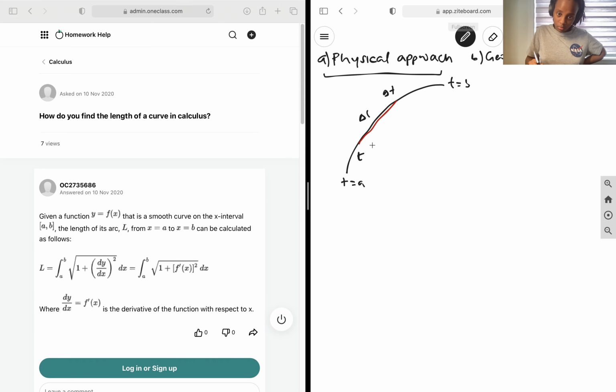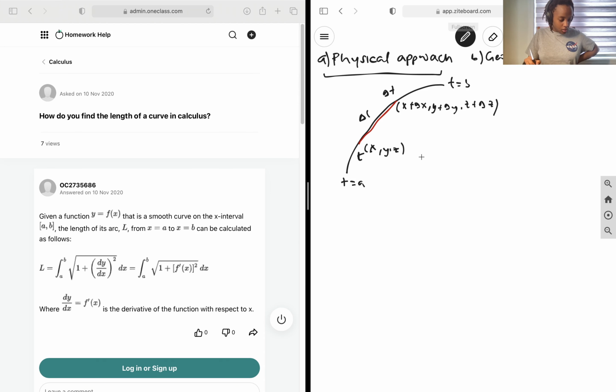And so we can call this point x, y, z, and call this point x plus delta x, that small change in x, y plus delta y, and z plus delta z.